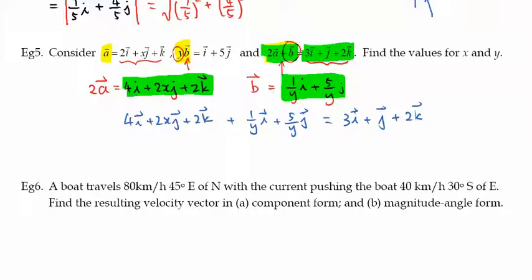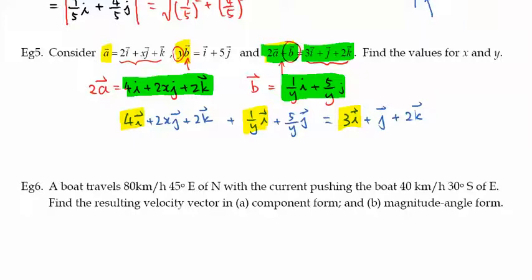Now, similar to complex numbers, when you are given two complex numbers, you're going to match the real component with the real one and the imaginary with the imaginary. When you are dealing with vectors, we can use a similar concept. The i components together should match with the i component on the other side.